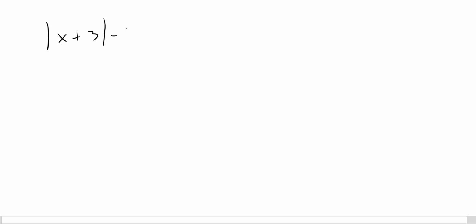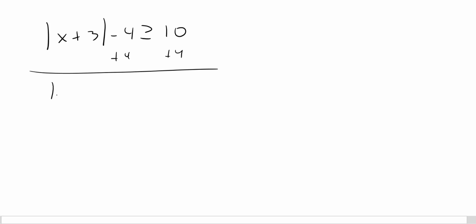If I said absolute value of x plus 3, close absolute value, minus 4 is greater than or equal to, let's just say 10. The first thing you're going to do is isolate that absolute value. If you guys remember that, you're going to add 4 to both sides. So you get absolute value of x plus 3 is greater than or equal to 14.